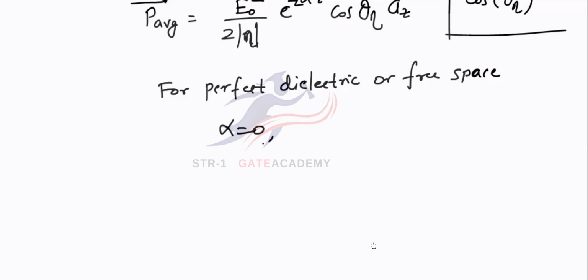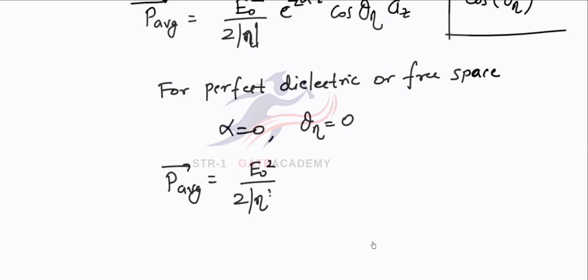Also theta eta is 0, because E and H are in phase. So my P average will become E naught square divided by 2 times mod of eta, into az vector. This is a very important formula.